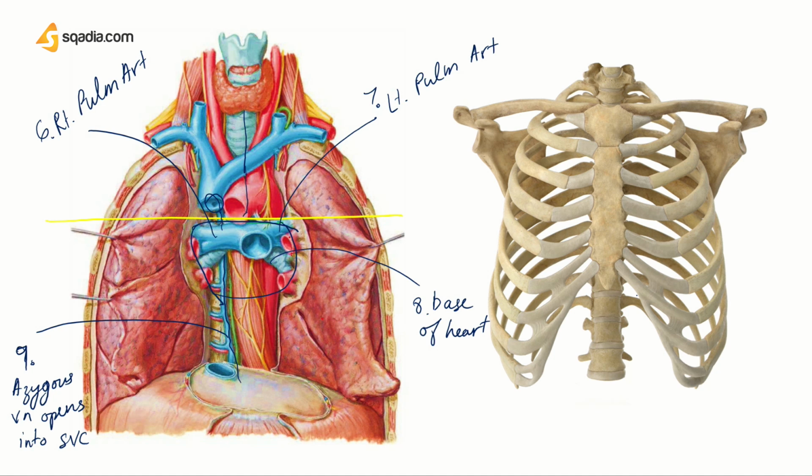So it's dividing here into right and left. So the trachea divides into the number 11, division of the trachea into right and left bronchi. That's it for all of the structures that are found at the level of the sternal angle.